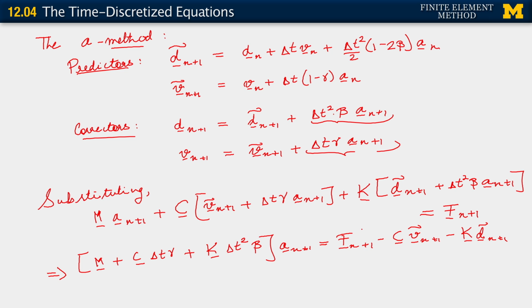Okay, we can now go ahead and invert this, solve for a. Once we have a at n plus 1, using our corrector steps, we get back d n plus 1 and v n plus 1. Okay? The only thing we need in order to start up this algorithm is a at 0. In order to get a at 0, just use the equation at 0.